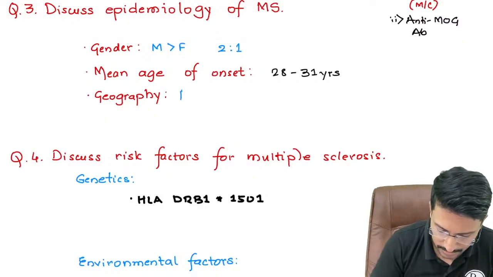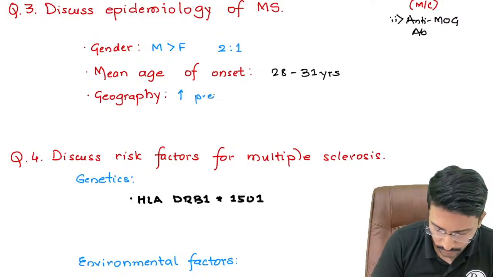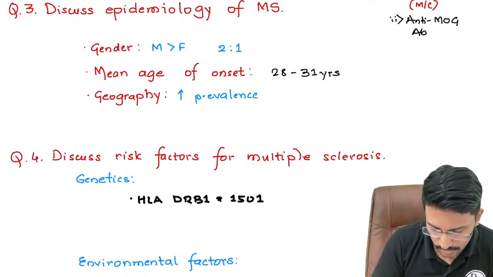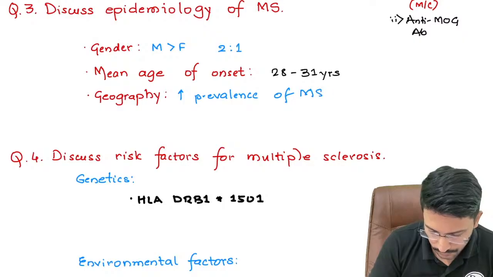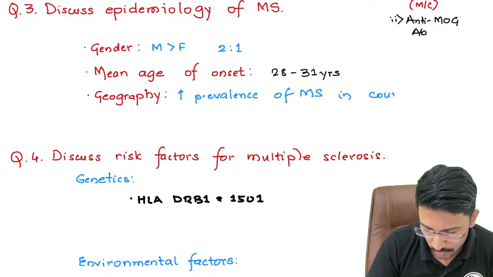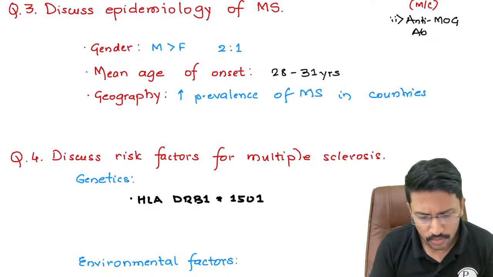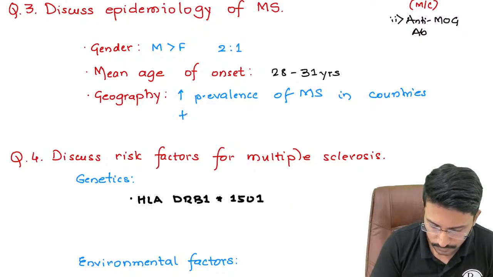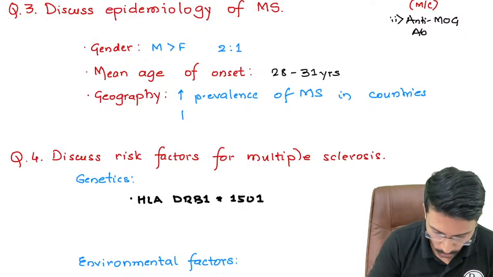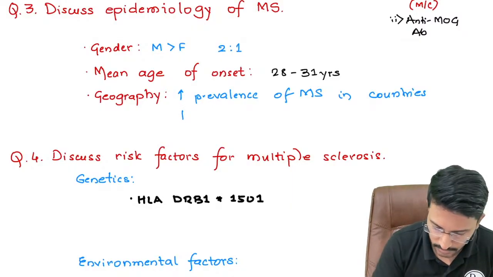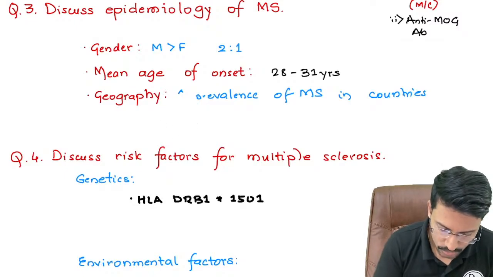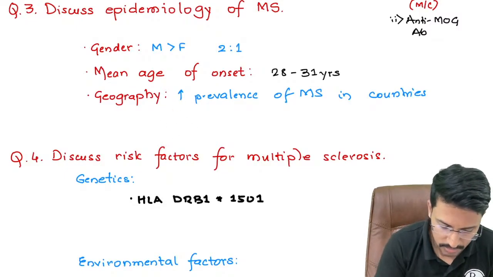So there is a higher prevalence of multiple sclerosis in countries far from the equator. Can you guess what could be the reason? Not closer, far away from the equator, right? In other words, I can say closer to the poles. What could be the reason?